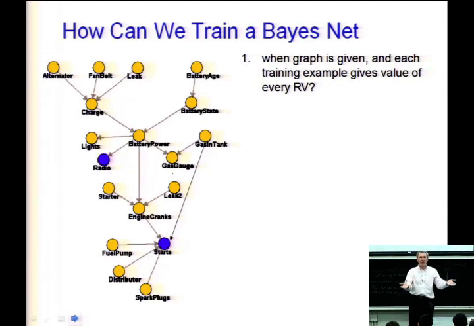you should know how to train that Bayes net right now. So what does it mean to train that Bayes net? Well, we already know the graph structure. The only other thing remaining is those conditional probability distributions. How would we learn those?